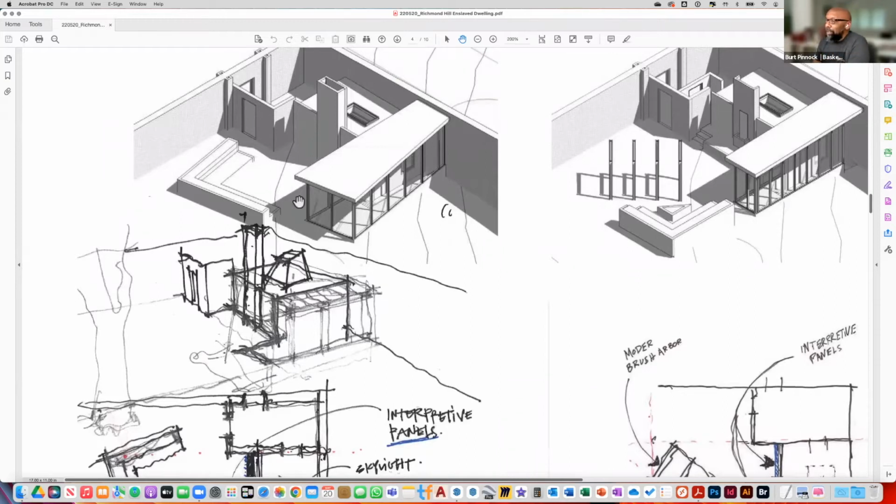And then this last one, you'll see it's sort of the geometry of the space, again, starting to try and work together with the existing and the new, while trying to sort of introduce maybe more space when you enter into the dwelling.